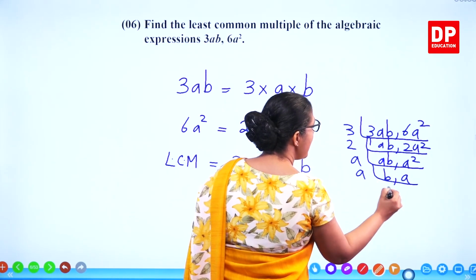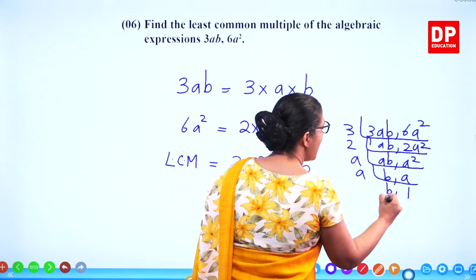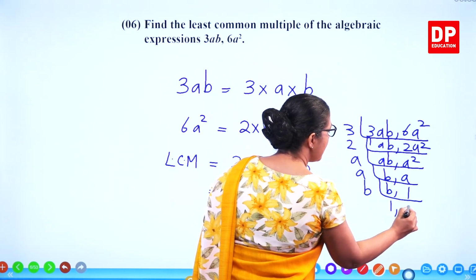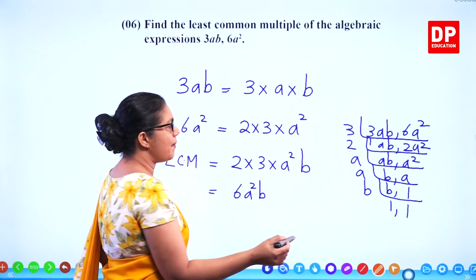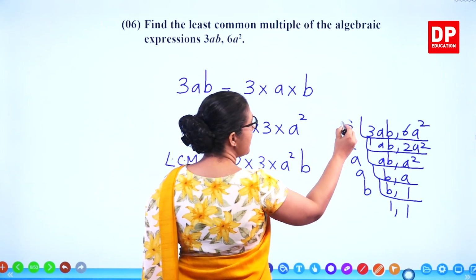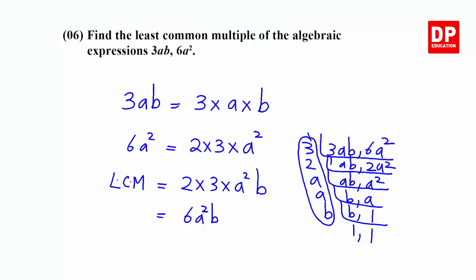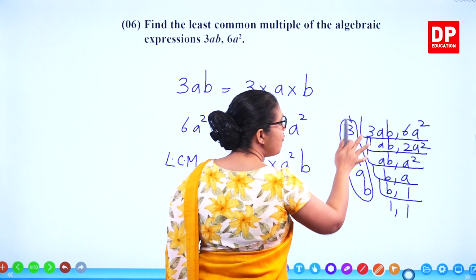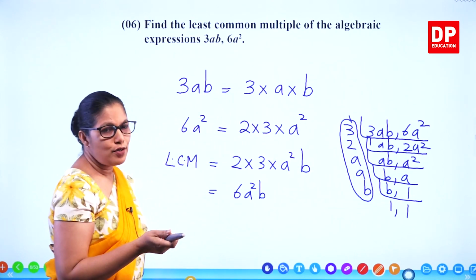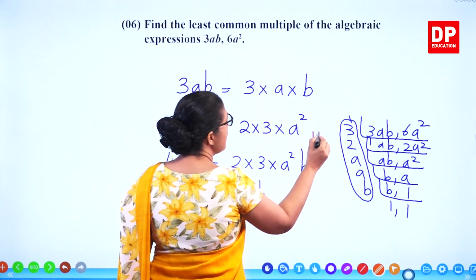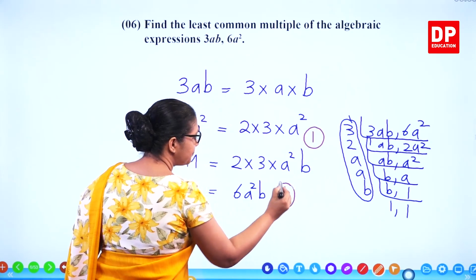You can divide by a again and b again. Then the lowest common multiple becomes the multiplication of these factors. 3 times 2, 6, a squared b. So which one is easier? This one is easier. If you are comfortable in this way, you can do that way. So anyway, you get 2 marks.